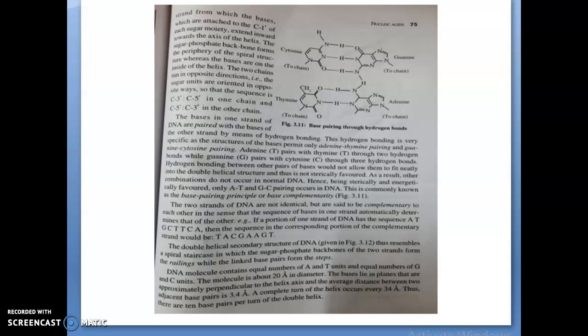Adenine and thymine form two hydrogen bonds, which you can see here. This is adenine and this is thymine, bound together. These are the hydrogen bonds in the adenine-thymine base pair. Here only two hydrogen bonds are formed, but in the case of guanine and cytosine there are three hydrogen bonds.